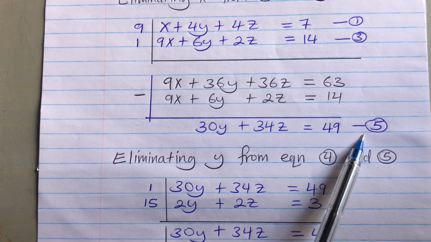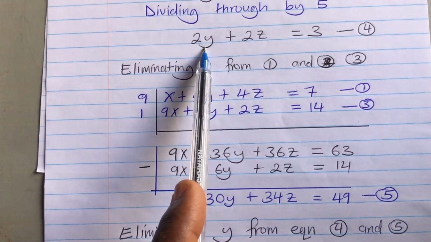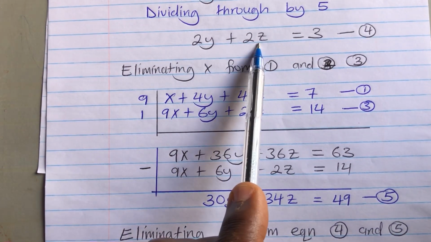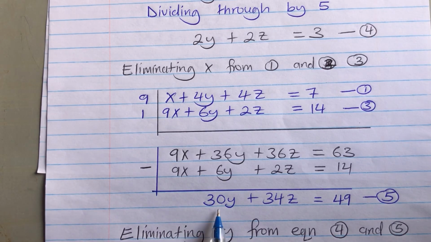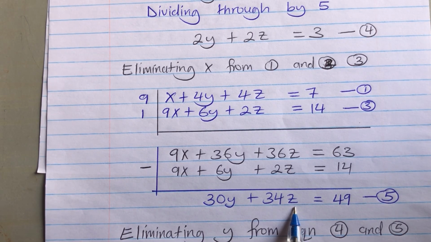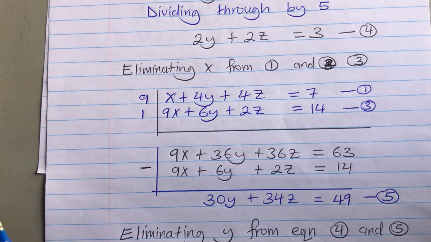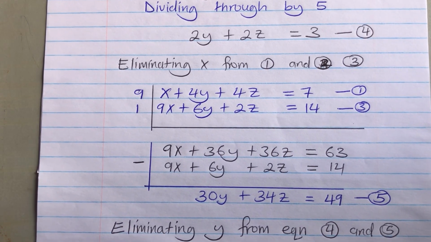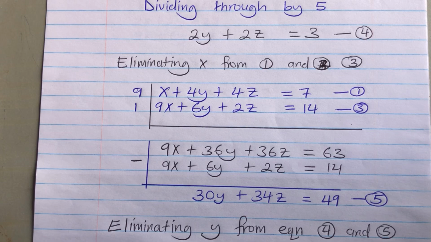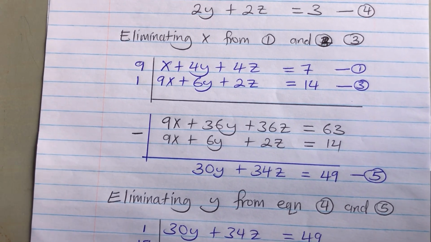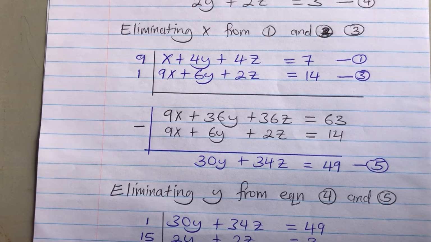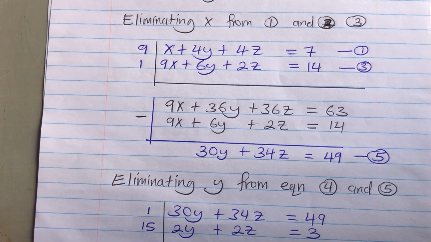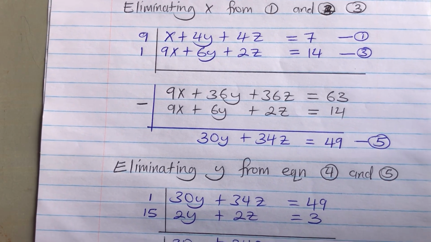So meaning that now we have equation 4 that has y and z, and also equation 5 that has y and z, meaning we have reduced the 3 unknowns to 2 unknowns. And therefore, we are going to be considering the two equations, that is equation 4 and equation 5.